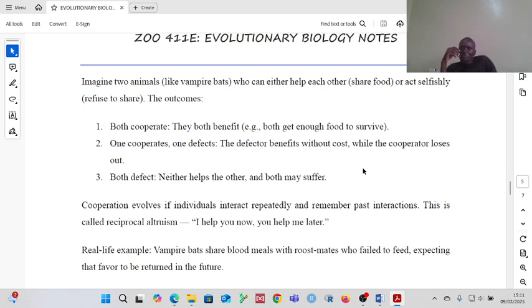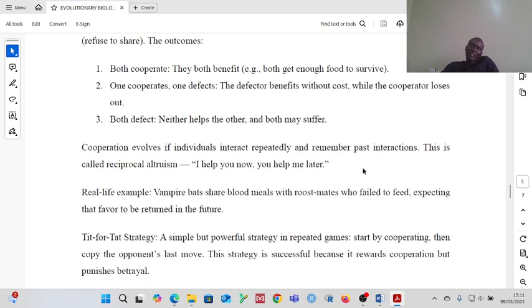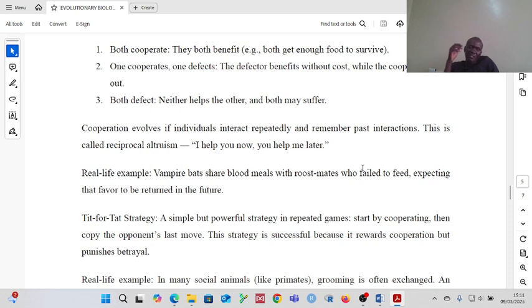Then now the other case is both of them defect. So when both of them defect, then it means none of them is helping each other. So if they are not helping each other, then both may suffer. So with cooperation, it evolves if individuals interact repeatedly and if they remember those past interactions.